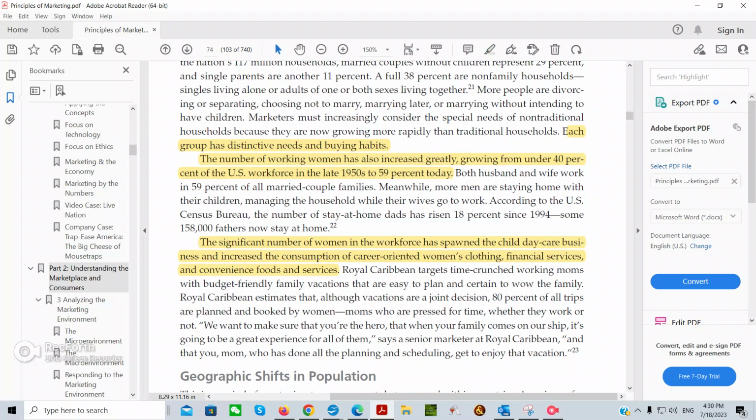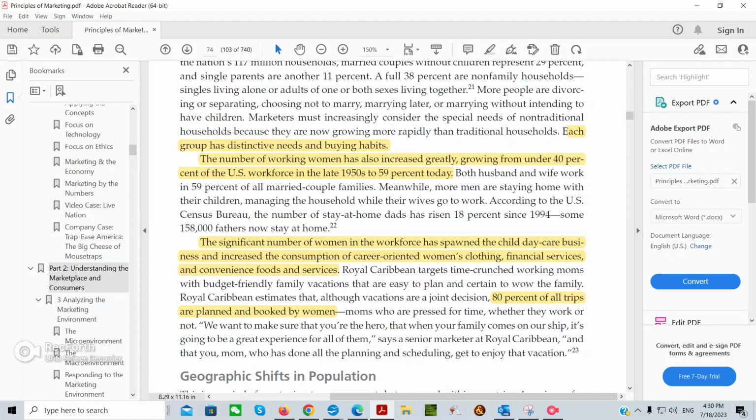Royal Caribbean targets time-crunched working moms with budget-friendly family vacations that are easy to plan, certain to wow the family. Royal Caribbean estimates that though the vacation is a joint decision, 80% of all trips are planned and booked by women. Moms are pressed for time whether they work or not.